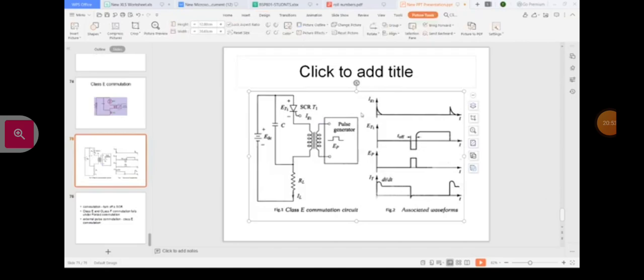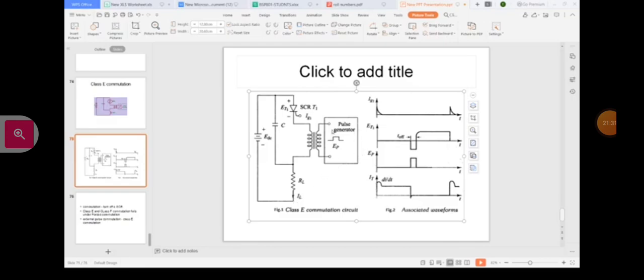Now consider another representation of class E commutation. In this diagram, EDC is the DC voltage supply, C is the capacitor, SCR T1 is the thyristor, RL is the load resistor, and IL is the current flowing through this resistor.